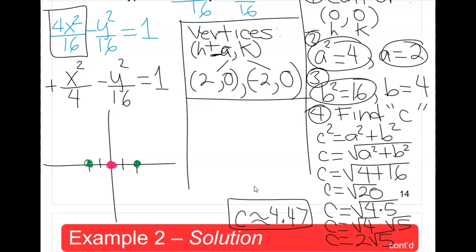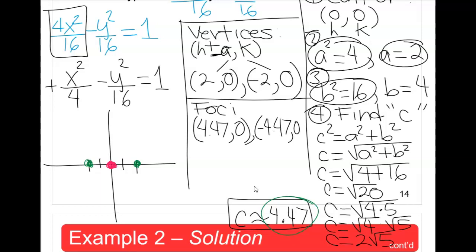Now for the foci, let's go ahead and use the approximation. And those points will be at 4.47, comma 0, and also at negative 4.47, comma 0.